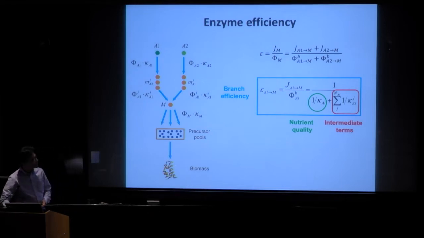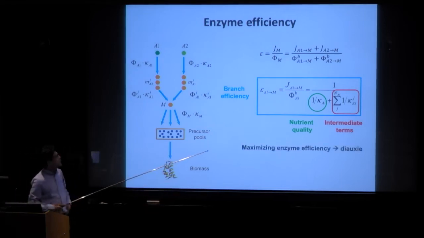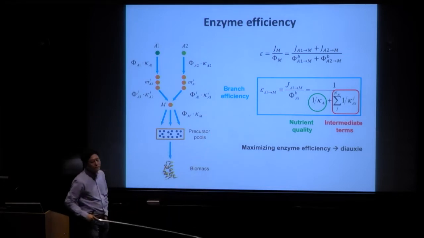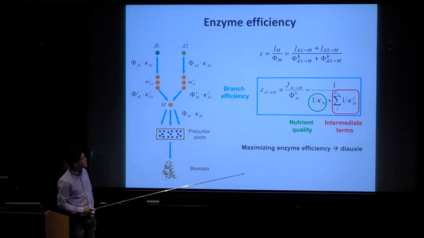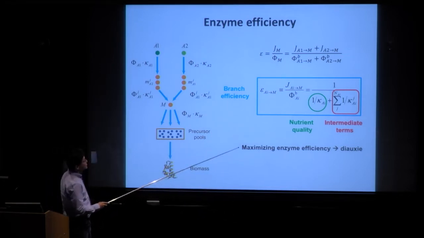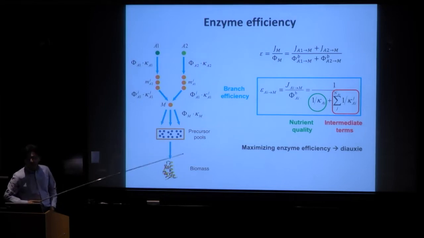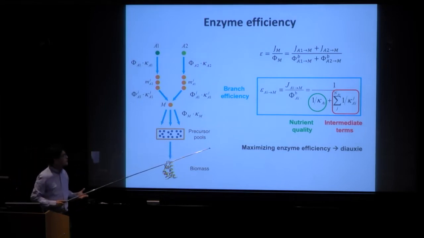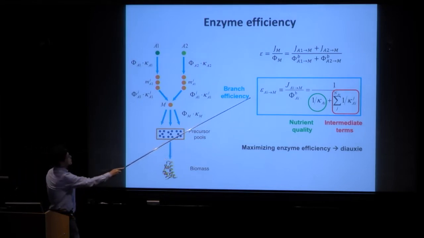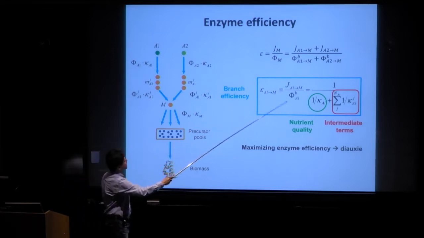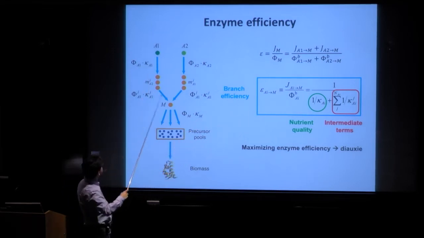So if you do this, and then you maximize the efficiency, and as Mitch already guessed, it is most efficient if you use the most efficient one branch, okay? It's simply the maximization. So which means that if the efficiency of this pathway is higher, it's more efficient, you better shut off all the enzymes here.